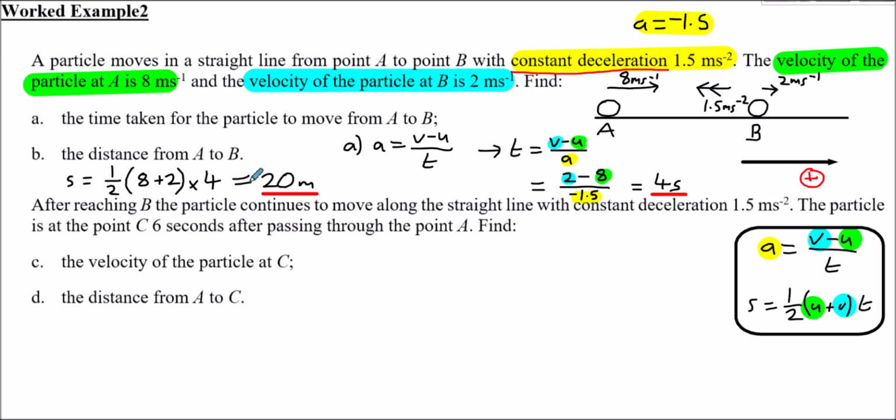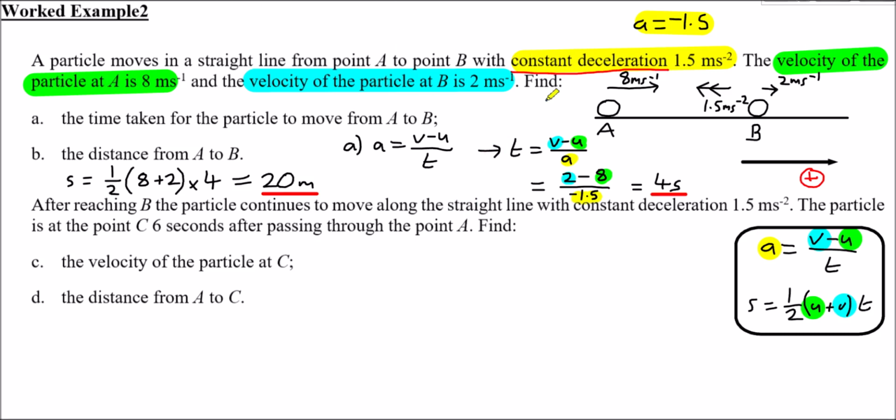So it says after reaching B, the particle continues to move along the straight line with constant deceleration of 1.5 meters per second squared. The particle is at point C 6 seconds after passing through the point A. So now find the velocity of the particle at C. Nothing much has changed apart from the time itself.